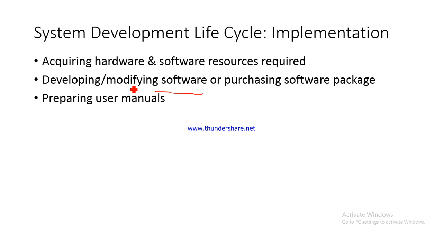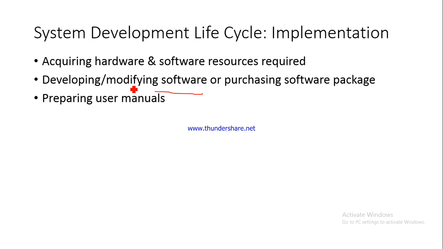So just like that, for the information system also, once the information system is there, we have to prepare user manuals so that the users can read these manuals whenever they require some information, and whenever they need to know how to operate the information system, they can go through these user manuals and apply the knowledge, so that they can operate the information systems well.